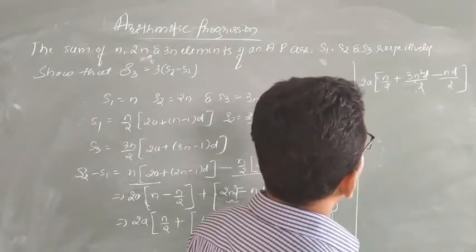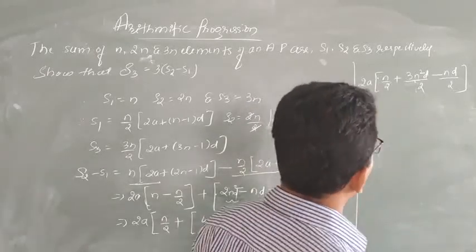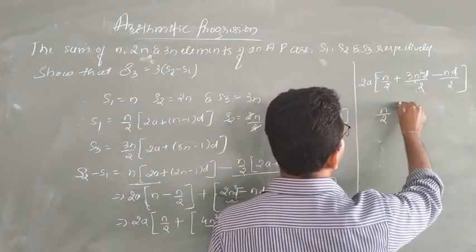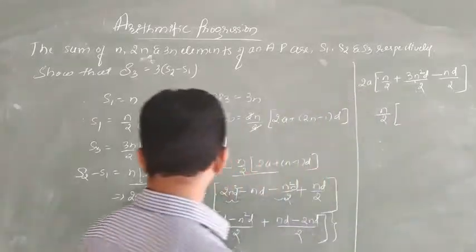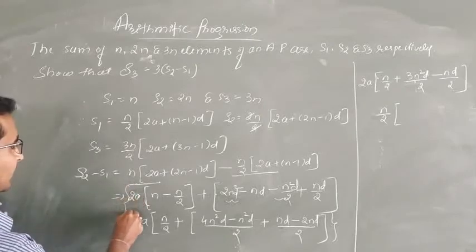Now I will take n by 2 as the common multiple outside.